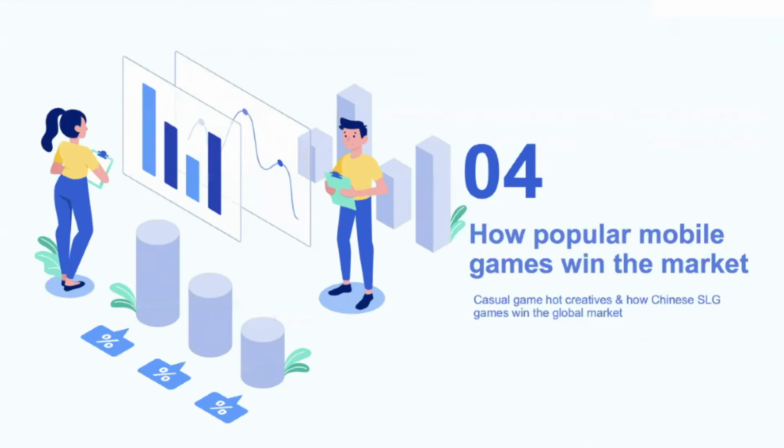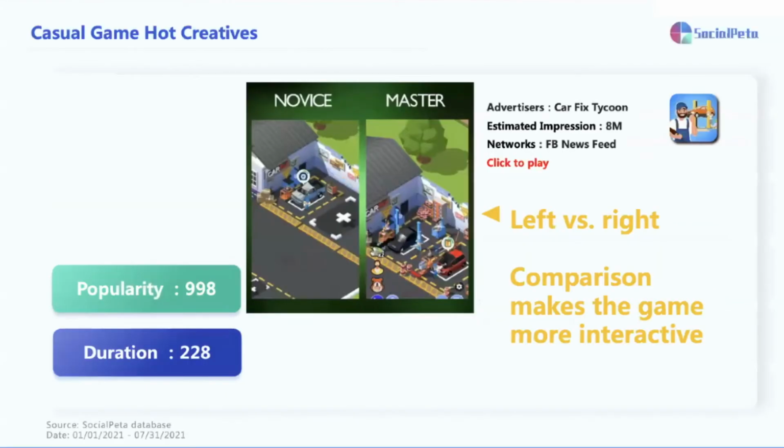For the next section, we would like to share some popular creatives for casual and strategy games. The very first one is from Car Fix Tycoon, and we found it on the Facebook news feed. Its estimated impression is 8 million, and duration is 228 days.